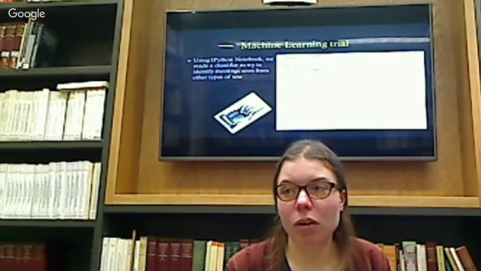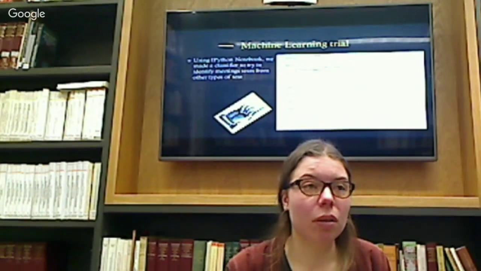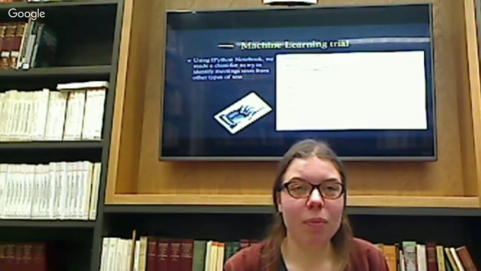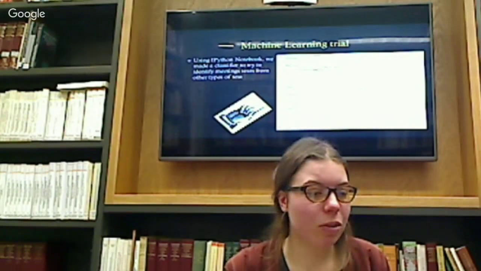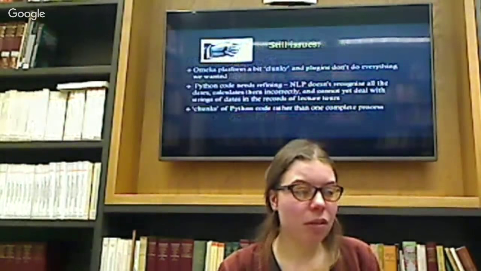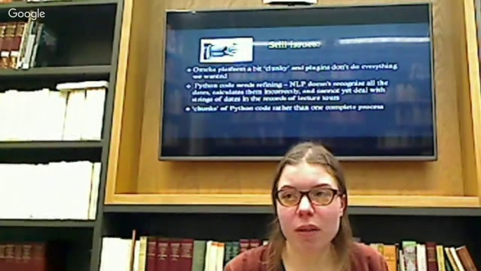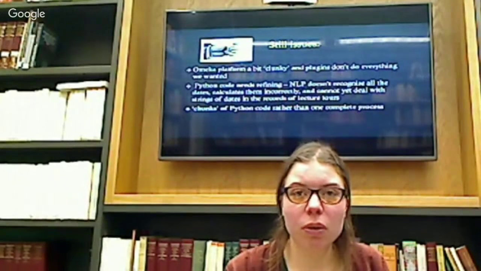You can go on the GitHub page for the British Library Labs, and it's under Meetings Parser, all the code's there. But again, it's not very tidy, so I make my apologies that it's quite messy, because it's just all experimental. So there's still some issues. The Omeka platform's a bit clunky. It doesn't do everything. We had to mess around with some of the plugins.